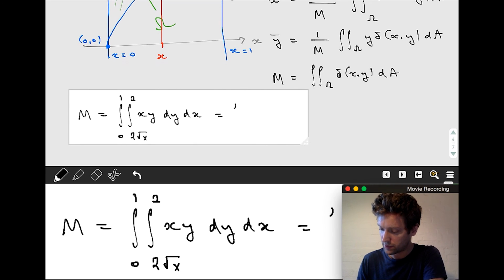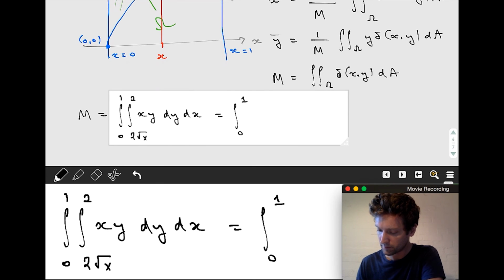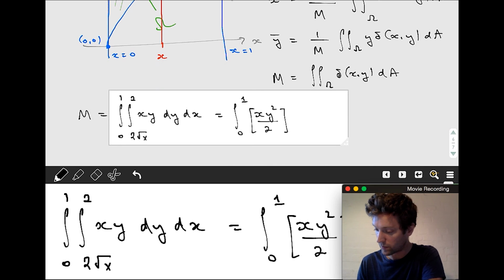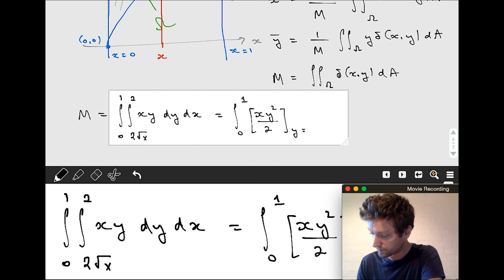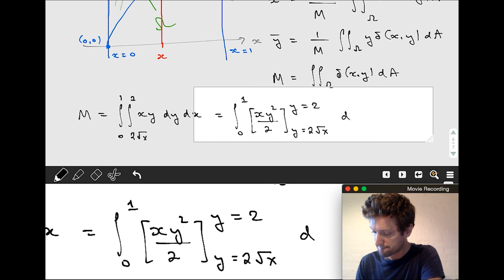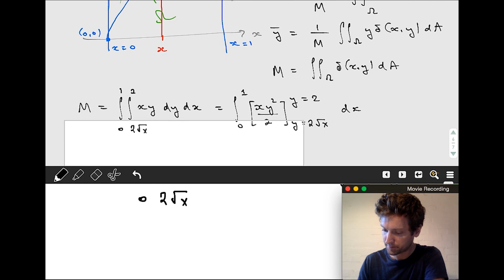So we've got the integral from 0 to 1. And I'm doing the y integral, so I've got x y squared over 2, subbing in y is equal to 2 root x to y is equal to 2, dx.